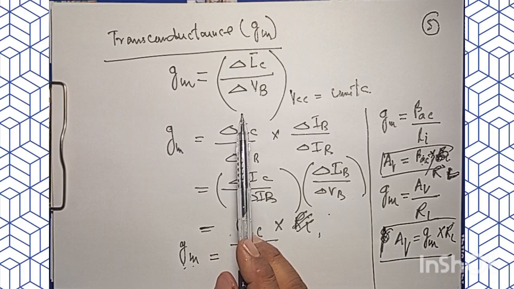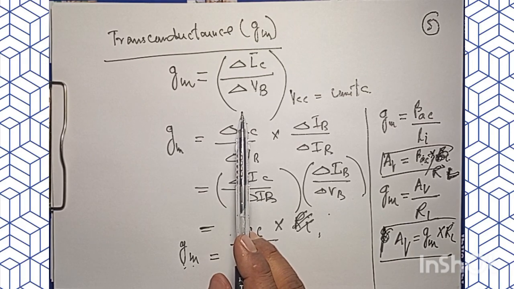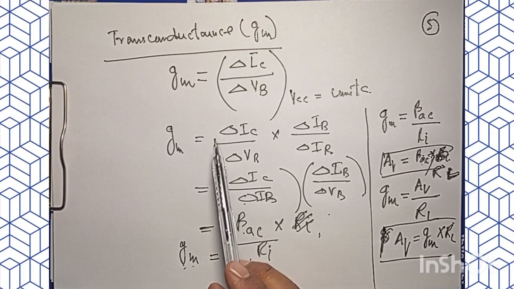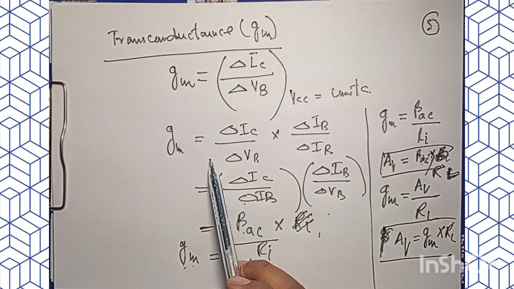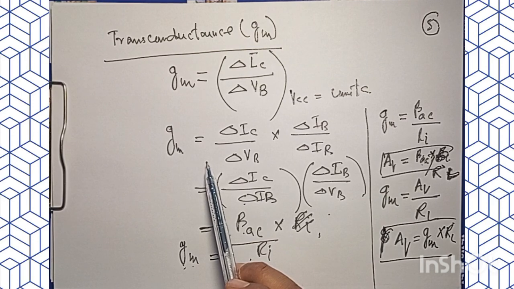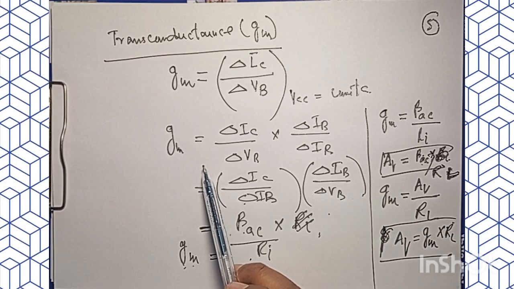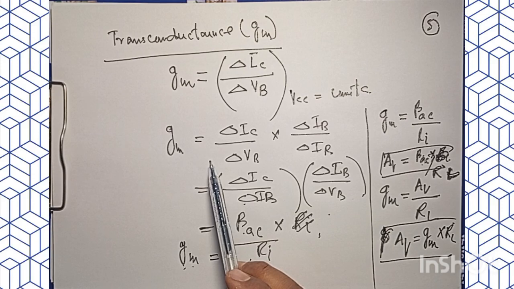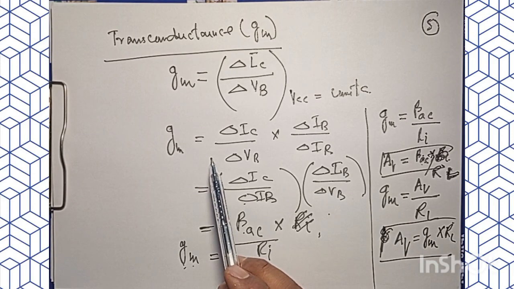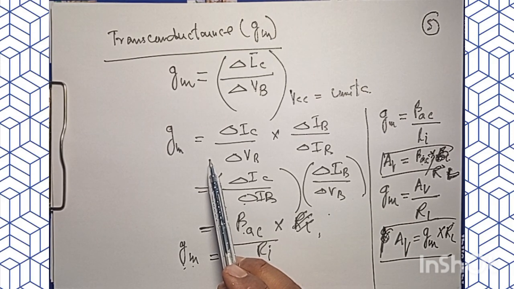Now we can understand from these equations that the current gain in the common emitter amplifier is much more than that of the common base amplifier, and voltage and power gains in the common emitter amplifier are much greater than those in common base amplifiers.